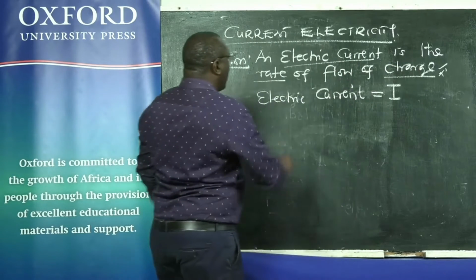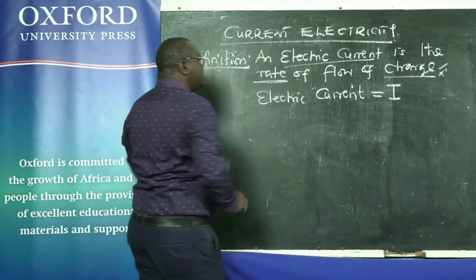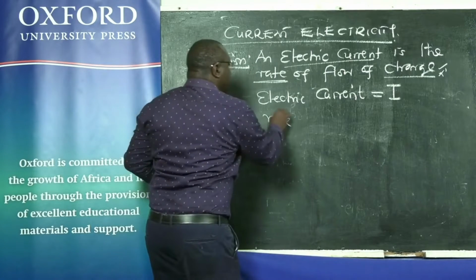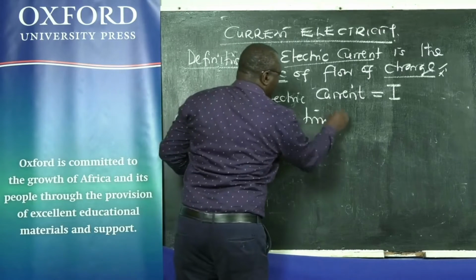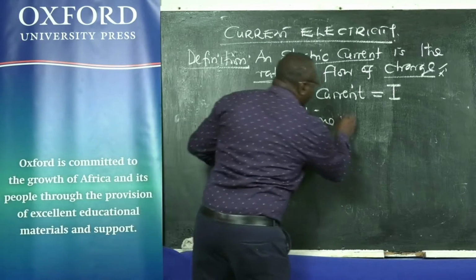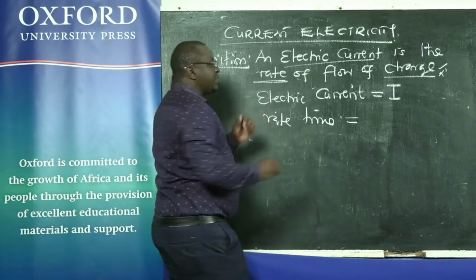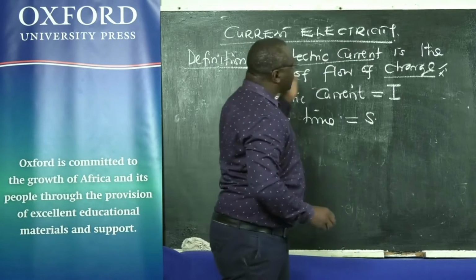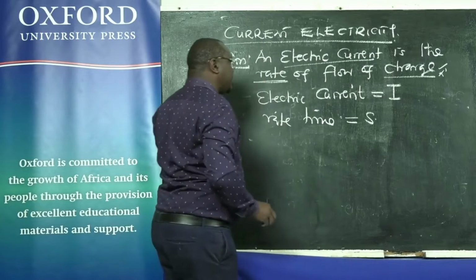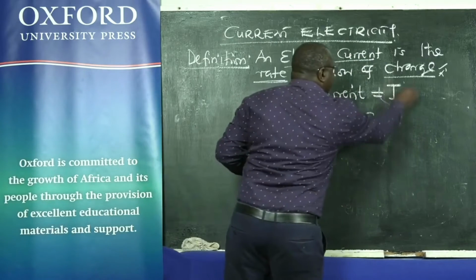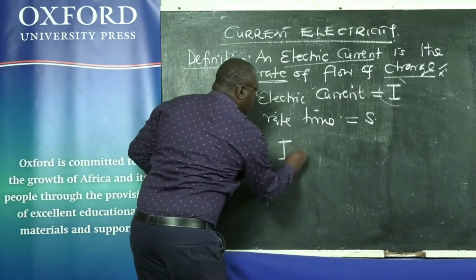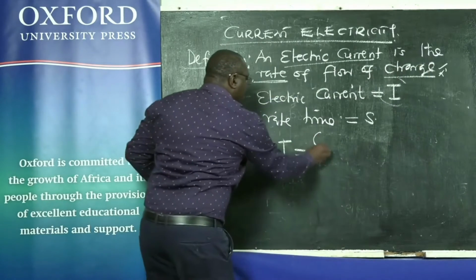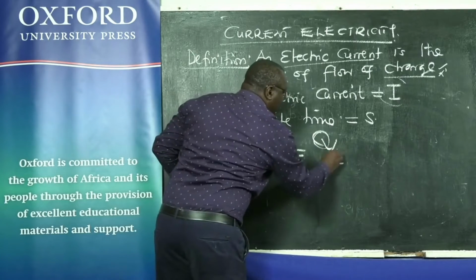Now, the word rate simply means time. So this rate word is indicating time, and we know that time is measured in seconds. If we say that an electric current is the rate of flow of charge, what we are simply saying is, for us to have an electric current I, we should have charges Q, which are flowing over a particular period of what?